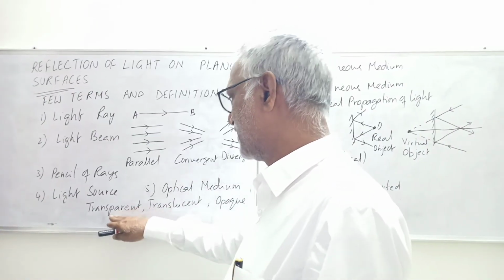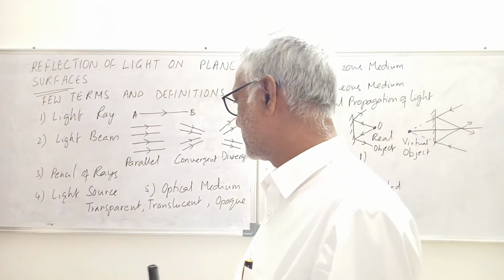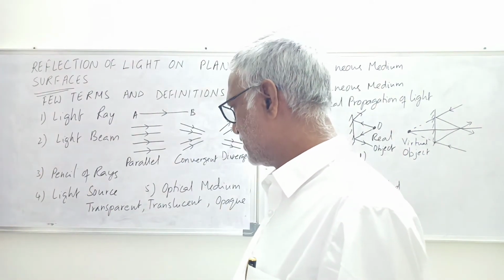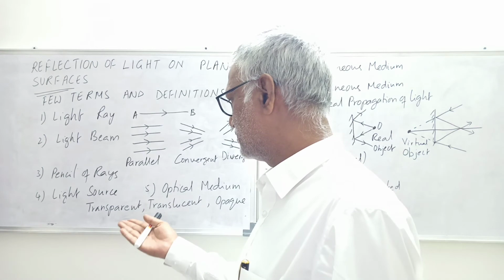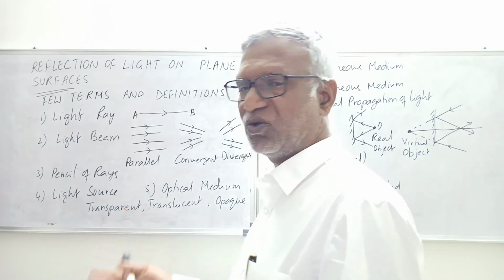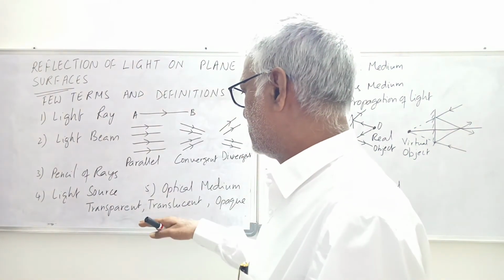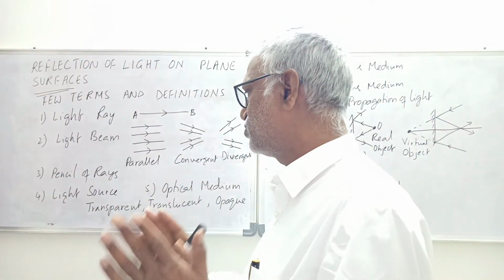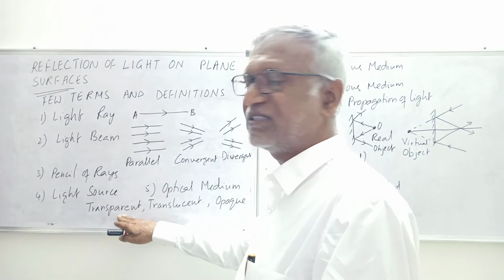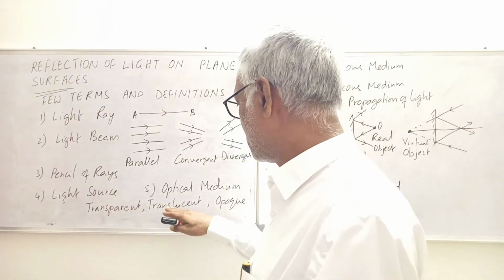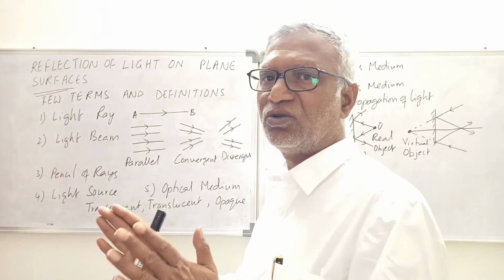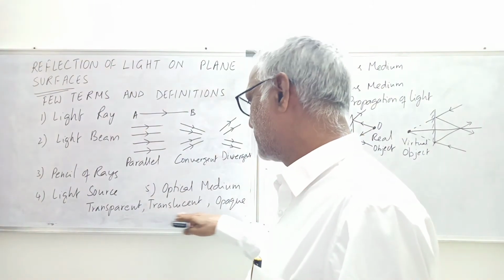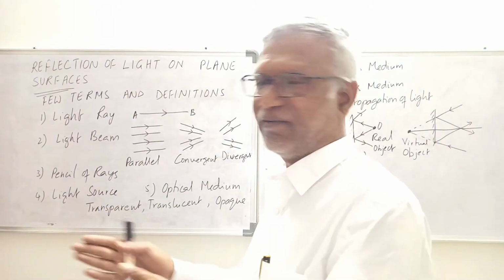This optical medium can be transparent. Transparent means water, glass, mirror, air. Transparent means glass, which will allow the light to pass through it. Translucent means it will allow the light to travel only partially.